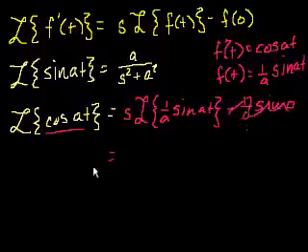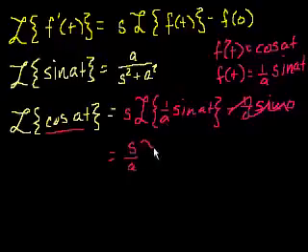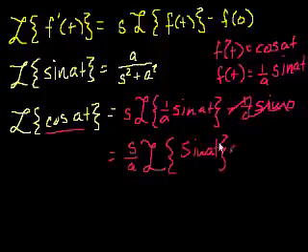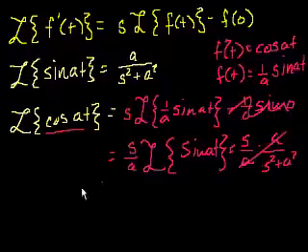This 1 over a is a constant, and we showed that the Laplace transform is a linear operator, so we can take it out. So this is equal to s over a times the Laplace transform of sine of at, and that is equal to s over a times a over s squared plus a squared, and the a's cancel out. That was much simpler than the integration by parts we had to do to figure this out.